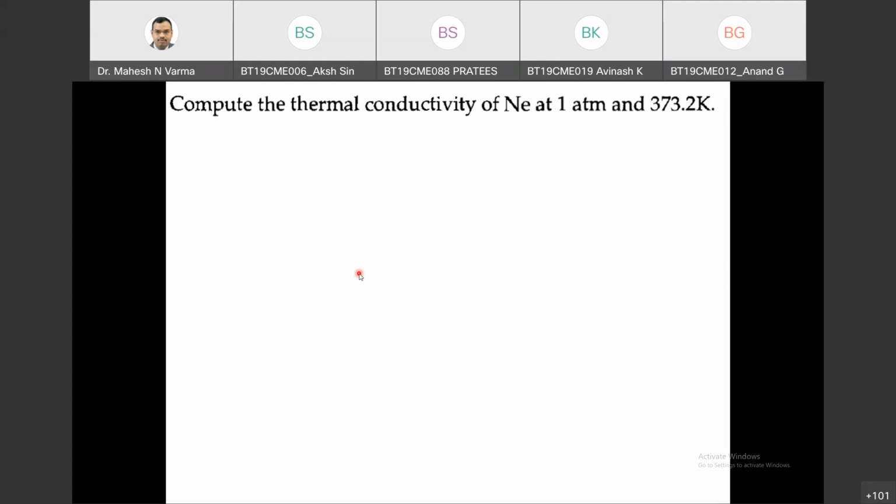Ayush Pimpalwadkar. Yes, sir. Why are you not logging in with your roll number? Hello, sir, am I audible? Yeah, why are you not logging in with your roll number? Sir, I don't know what happened today exactly.